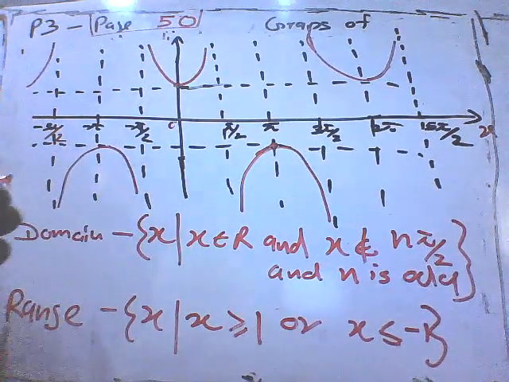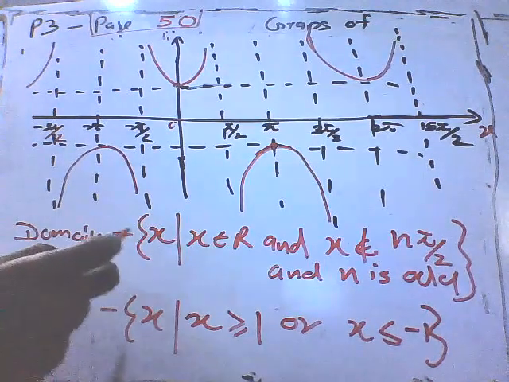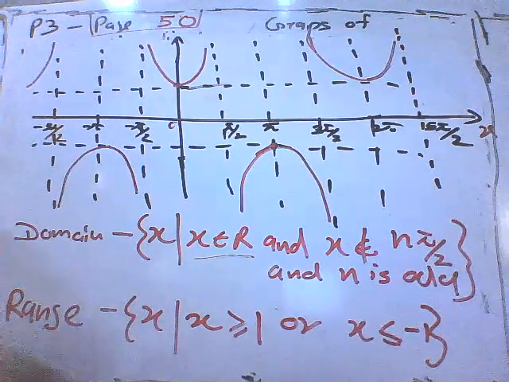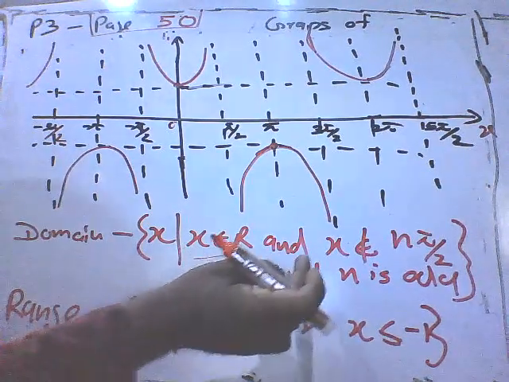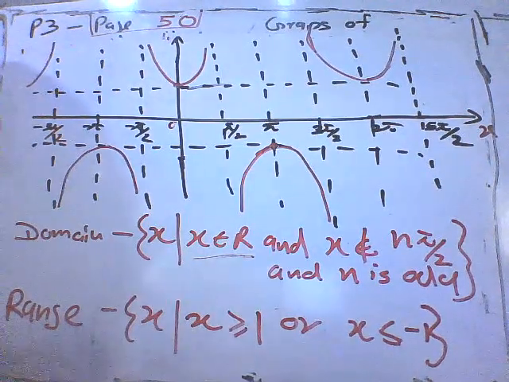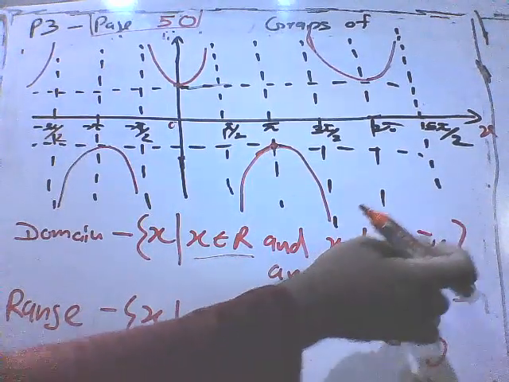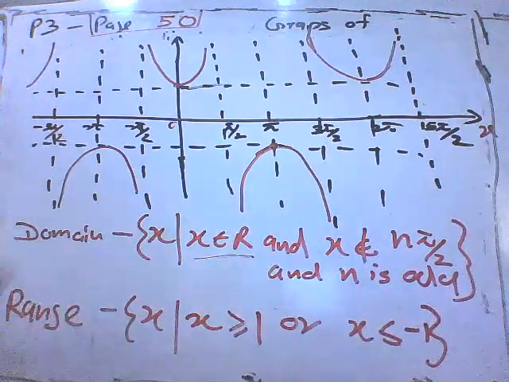So what we can have is the domain should be x such that x belongs to R, and x does not belong to n pi over 2, where n is odd, right?